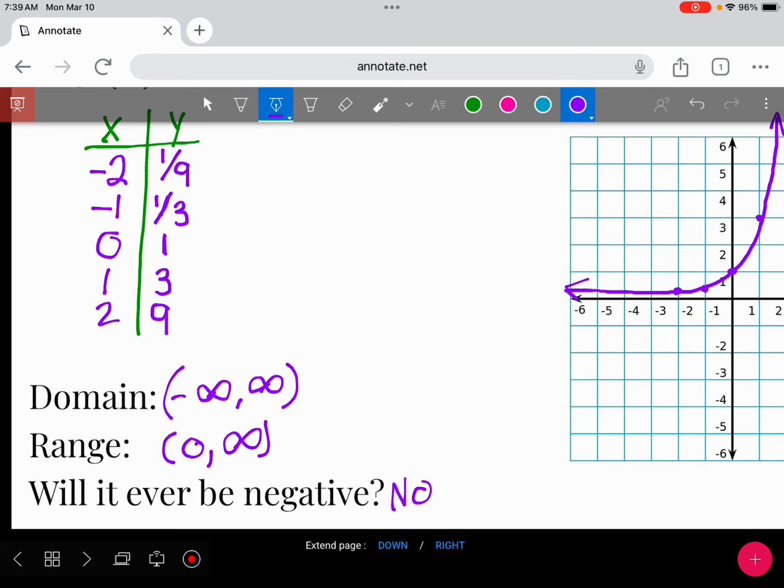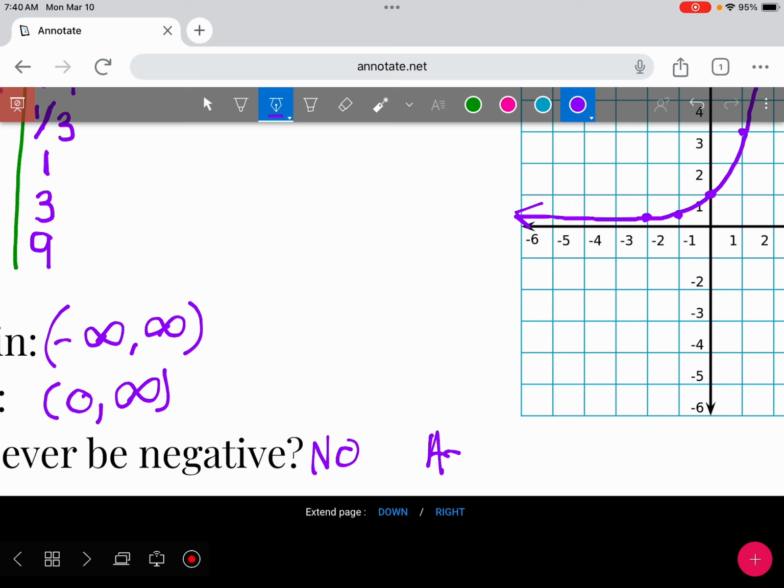Our barrier, our wall, the thing that this can't go through. I have an asymptote right about there, right? This is never going to cross this line right here. We have a horizontal asymptote at y equals 0.